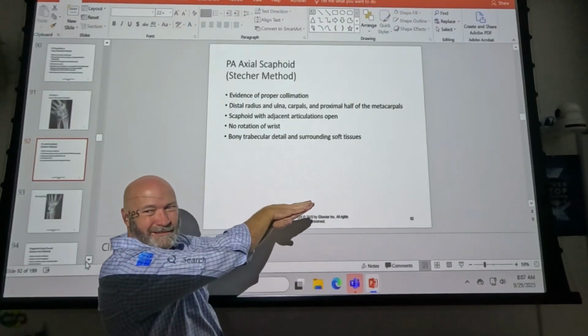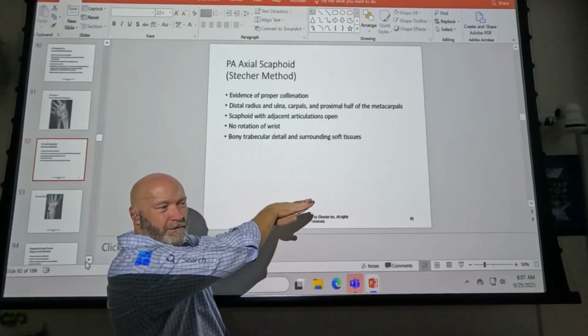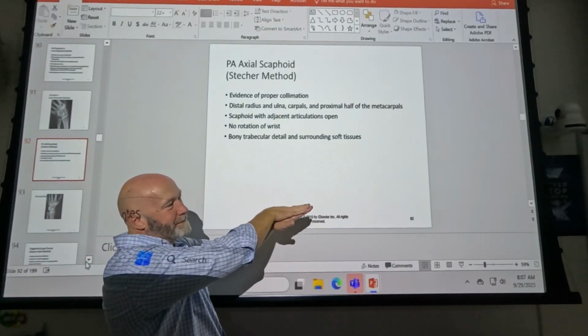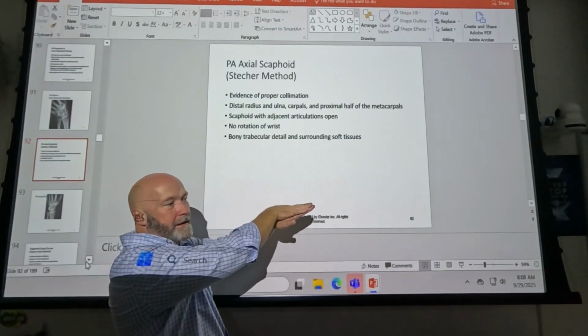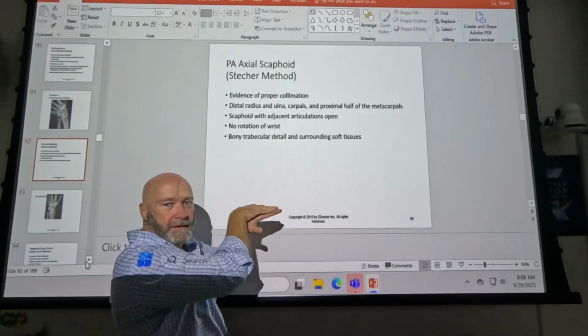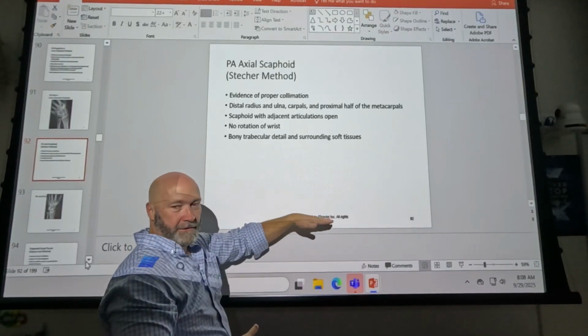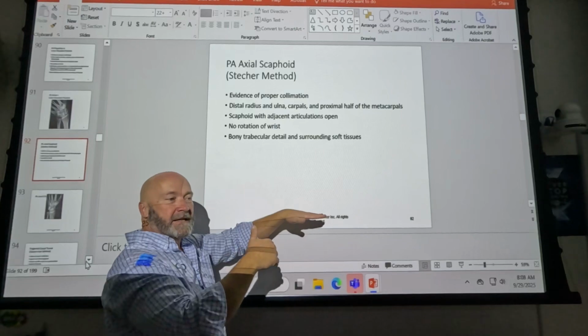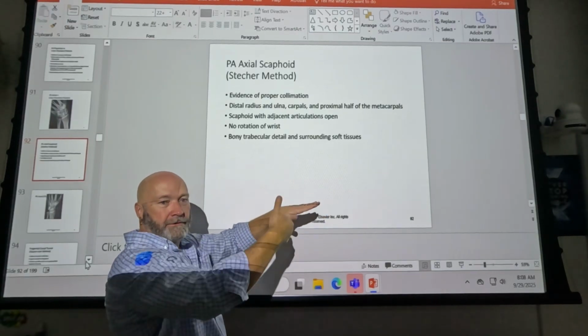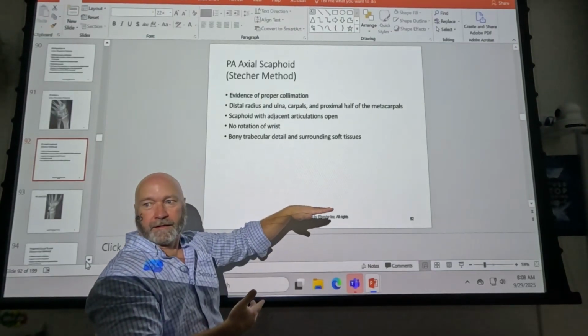Does that make sense? Okay, so a different way to do that would be to have your anatomy just flat on the image receptor, and instead of having the anatomy at an angle, you angle the central ray 20 degrees cephalic.